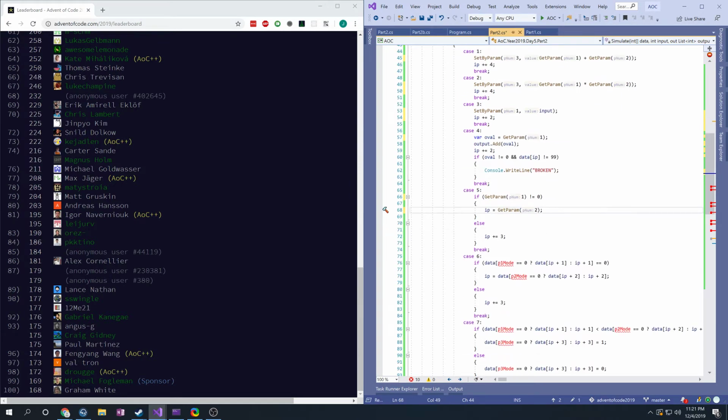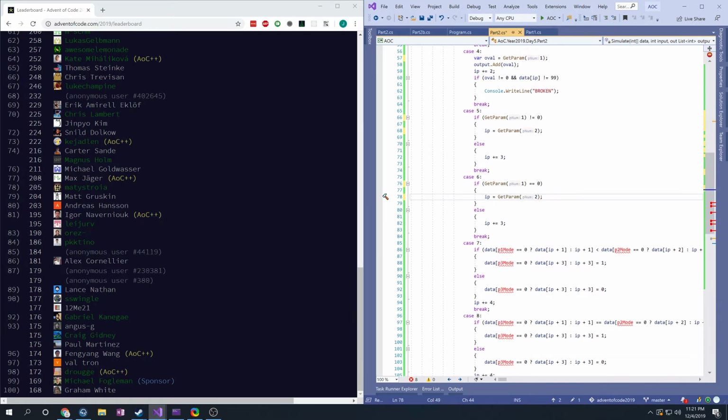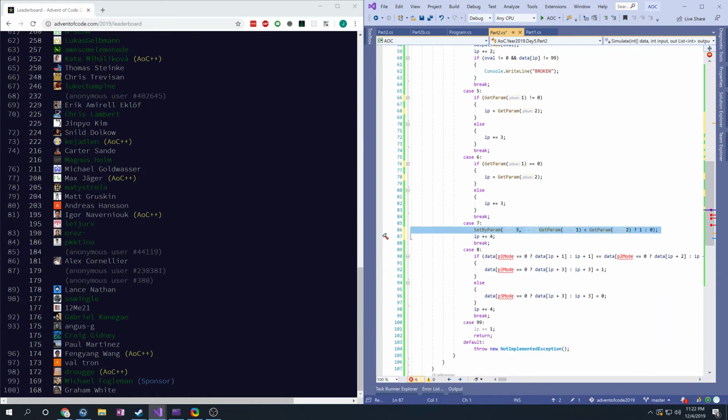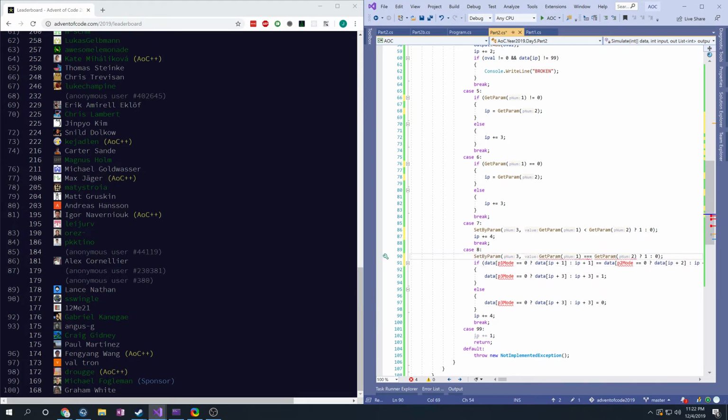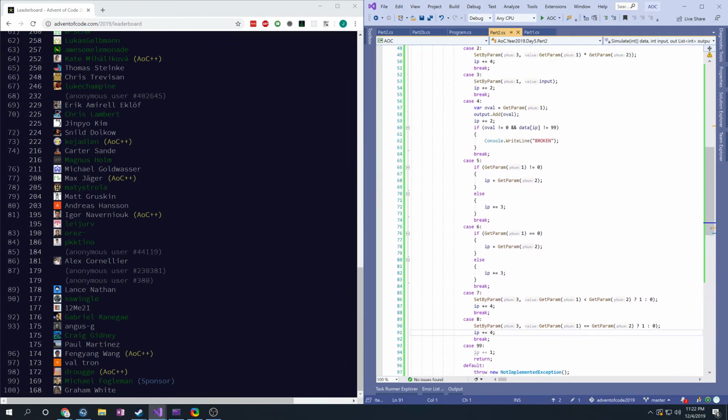Get by 1. Set 3. 1. Oh, okay, so now I can simplify this. Alright, there we go. Way less code.